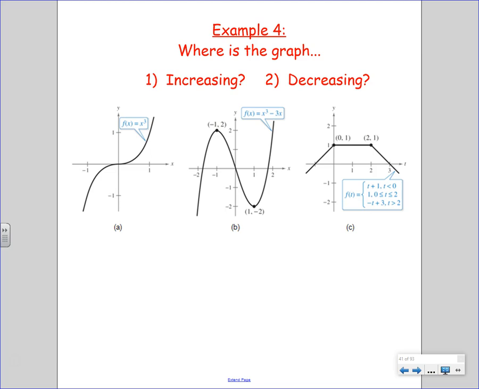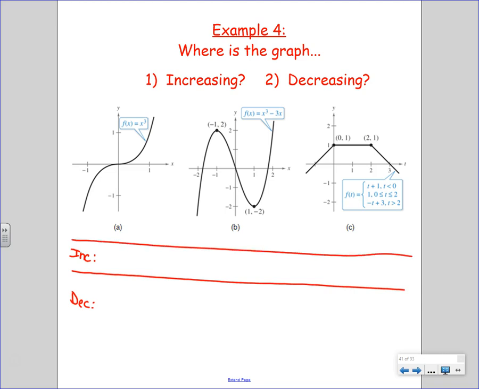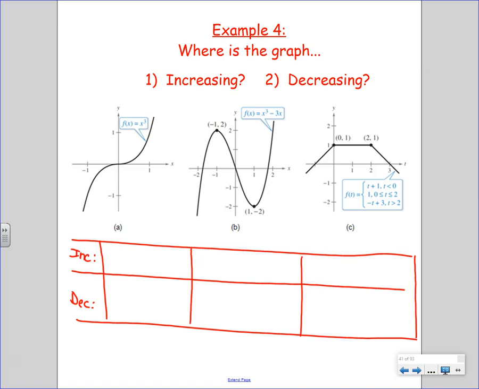Let me go ahead and check it out. Left or right.